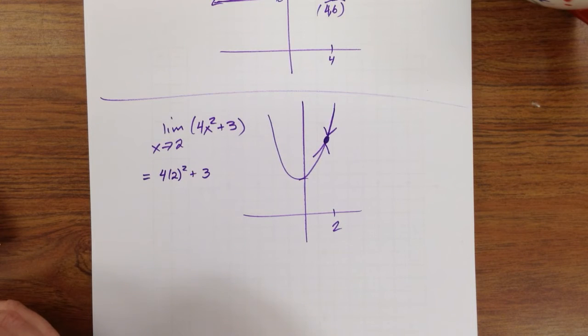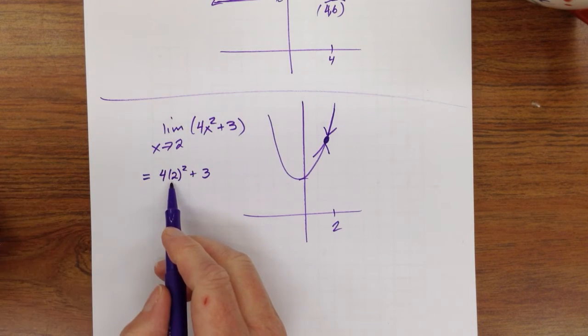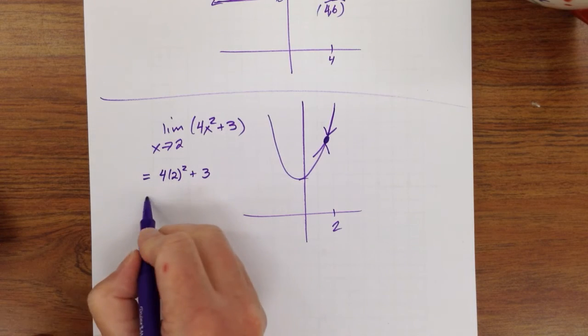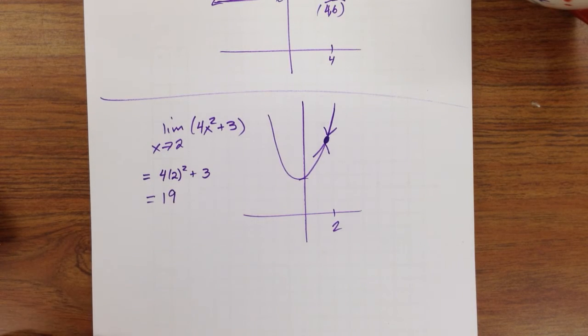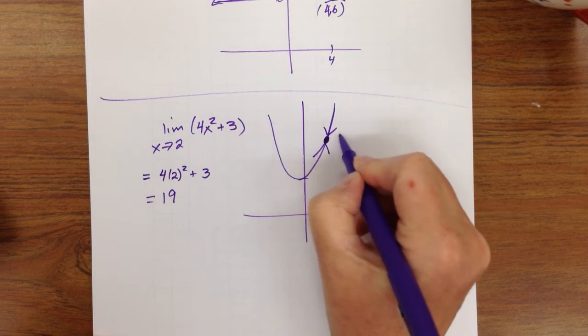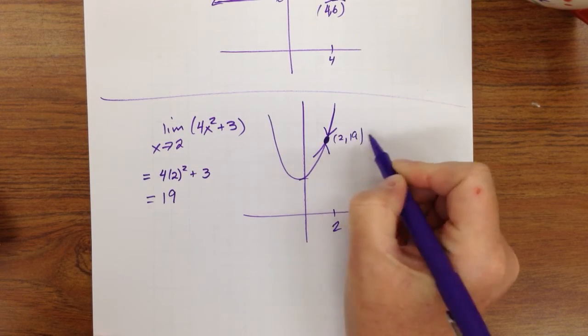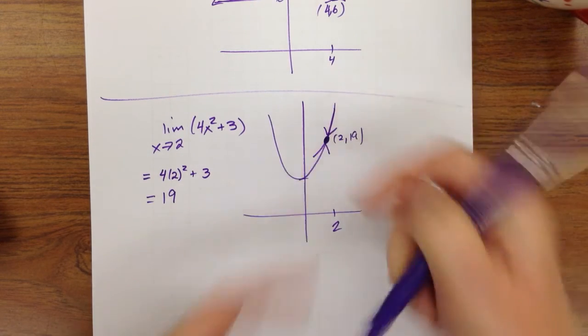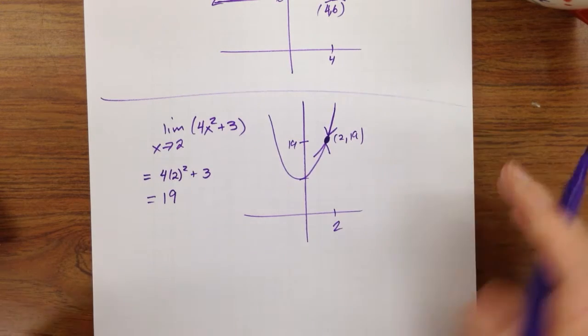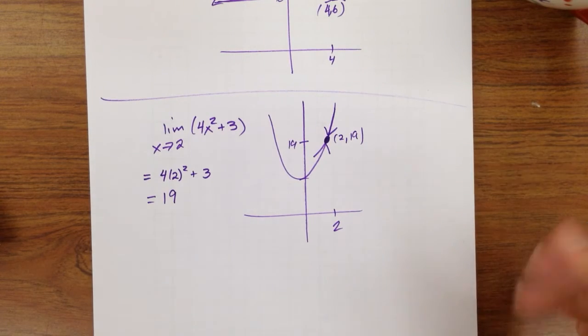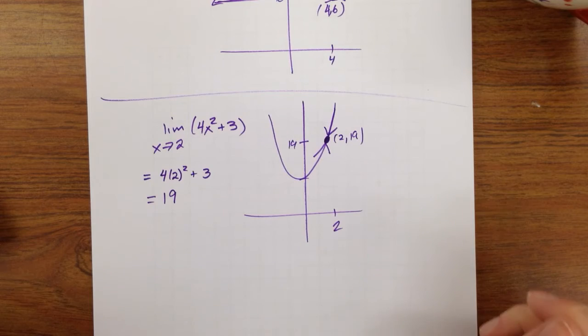I know. So we math. 4 times 4, 16, plus 3, 19, I'm pretty sure. And that is this dot, 2, 19. It's also where the two sides are approaching a height of 19. It is that straightforward. That's why I'm putting this in the video lesson, because it's obvious. Well, okay, maybe not obvious, but it's pretty darned obvious.